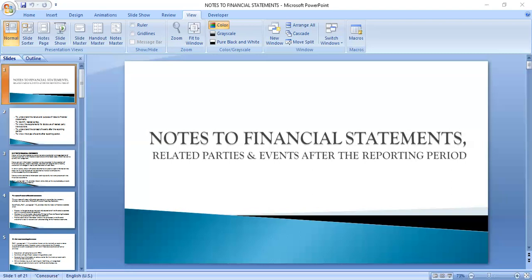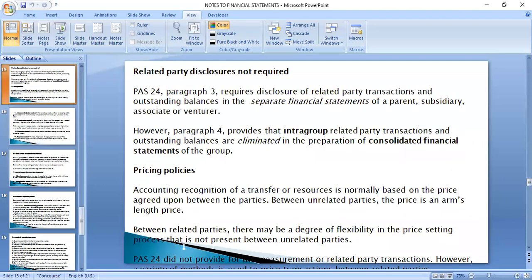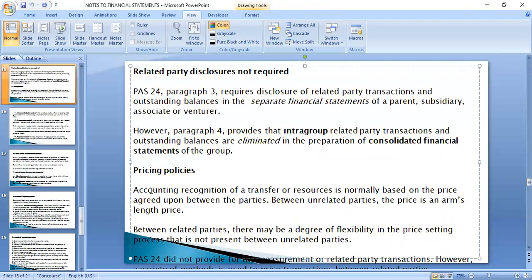However, we can say that PES 24 did not provide for a measurement of related party transactions for that purpose.